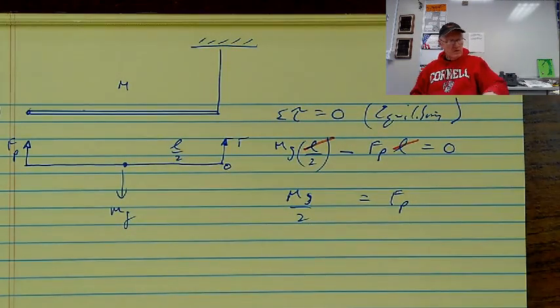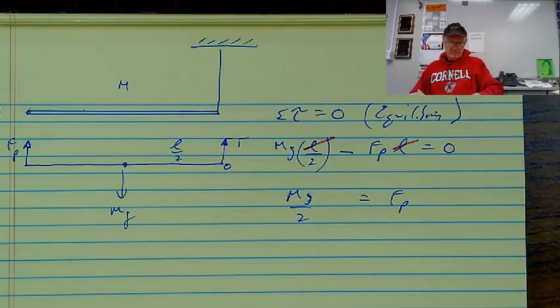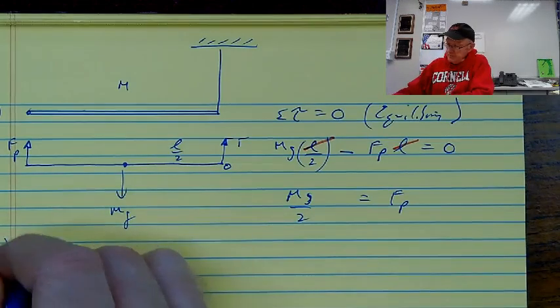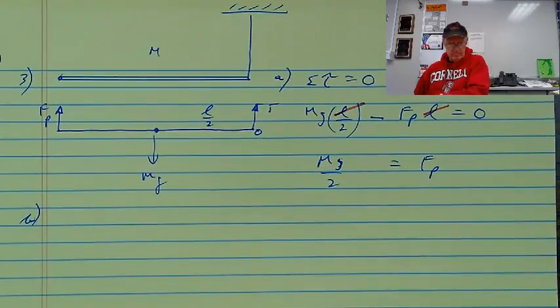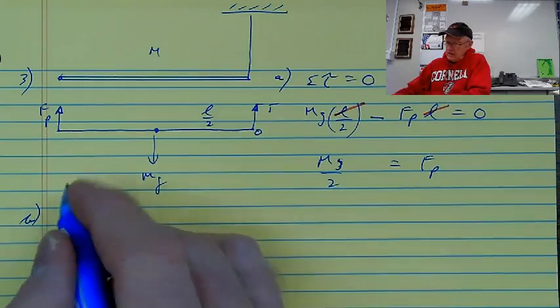That was part A. Let's start with part B, looking at torque equals I alpha, because we're looking for angular acceleration. So that means we're looking at torque about the axis: I about the axis times alpha.